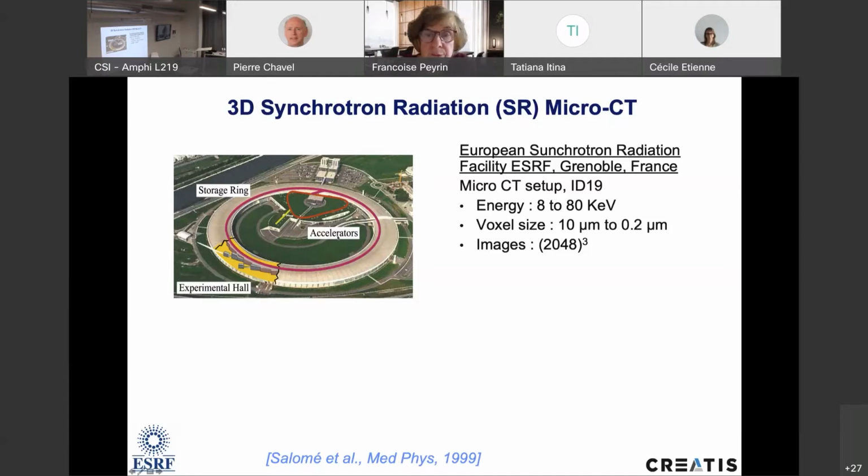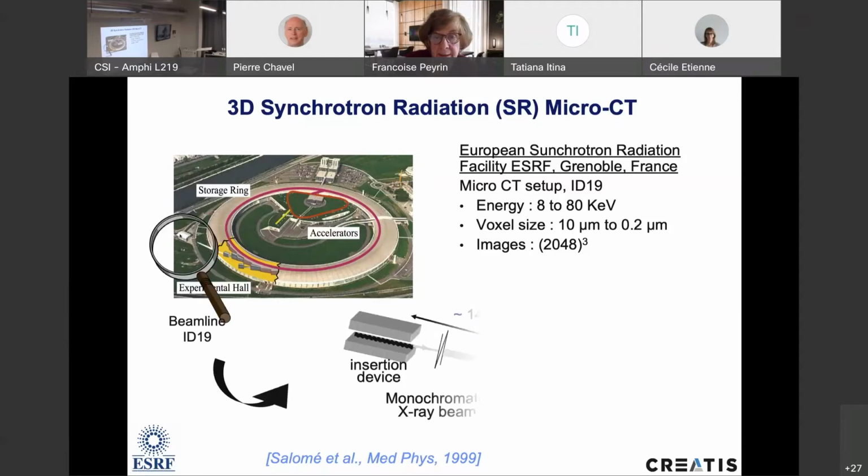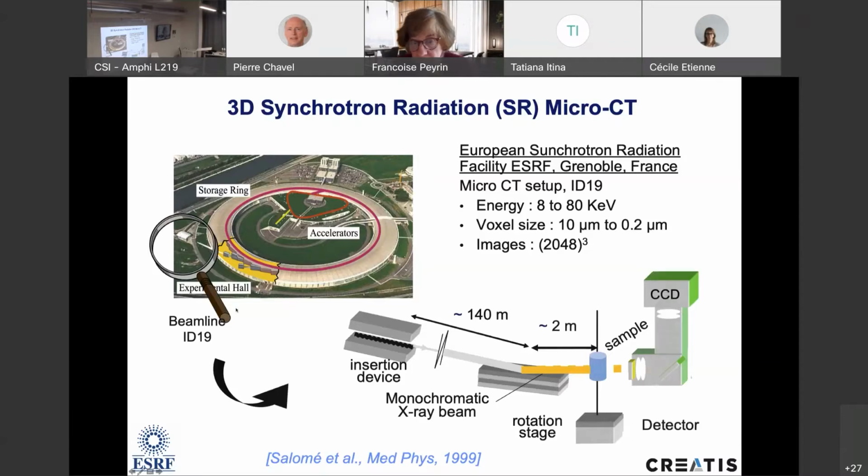And so the system was implemented in this so-called beamline, which is far from the ring. The beam starts from here, from the ring, and then propagates through this building. And in this building, then we get the X-ray beam, the synchrotron beam.